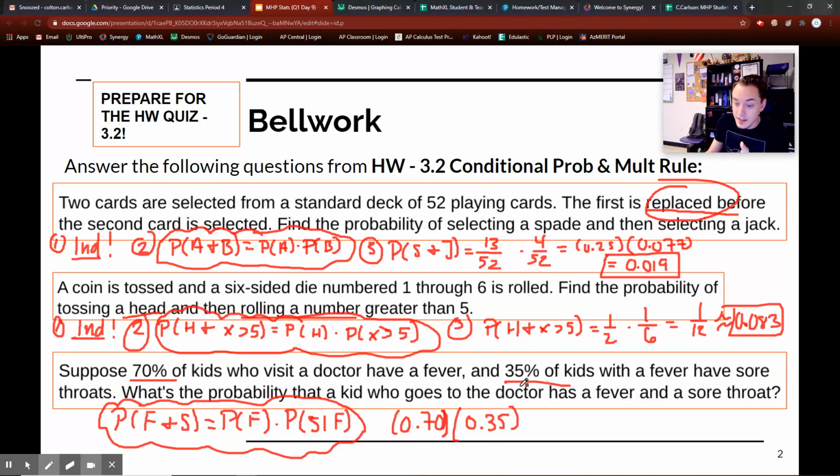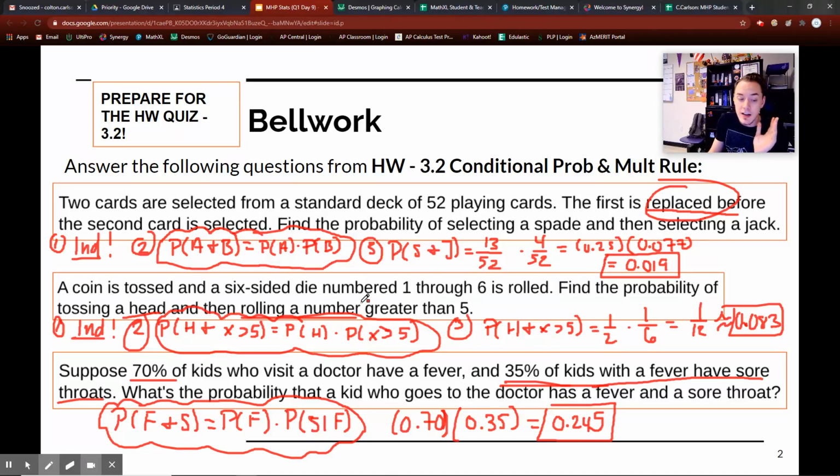That's what this line says. Okay? So I already am given the percentages, so I just need to multiply them together. This is 0.245, or roughly 25.5%. Okay? Sweet.